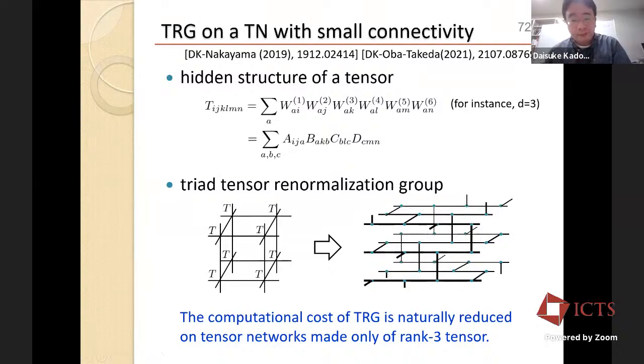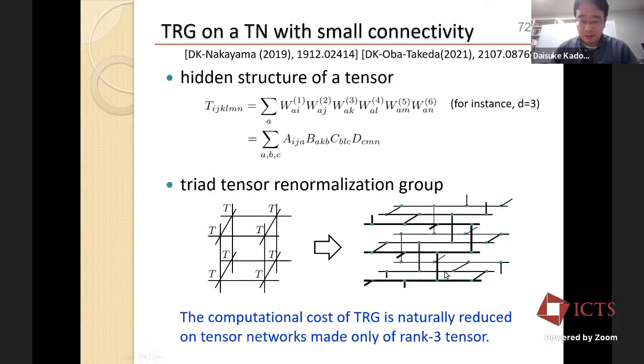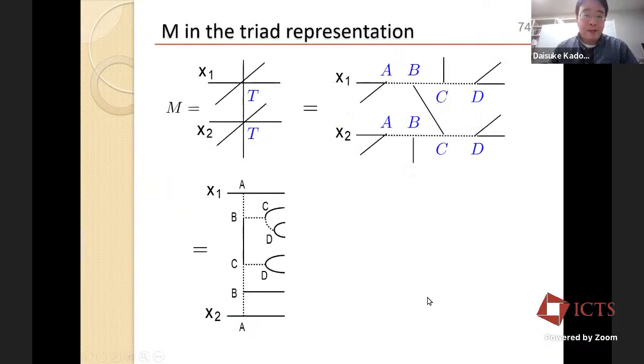If the higher order TRG like renormalization scheme is applied to this network, the projector is made from diagonalization of M, which is made of 2 tensors and is expressed as this diagram in triad representation.